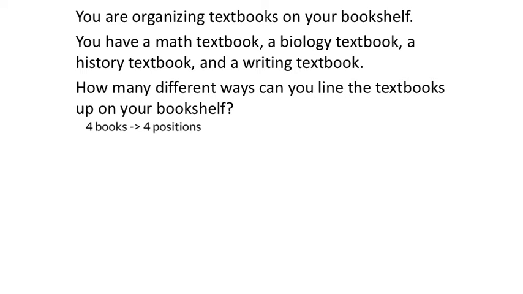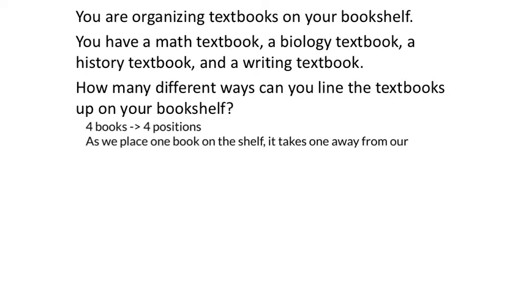Now, the thing we need to remember on this one is that as we place one book on the shelf, it takes one away from our options. So in other words, let's look at the shelves here. I'm going to list out the order of the books, and we'll say these are positions.